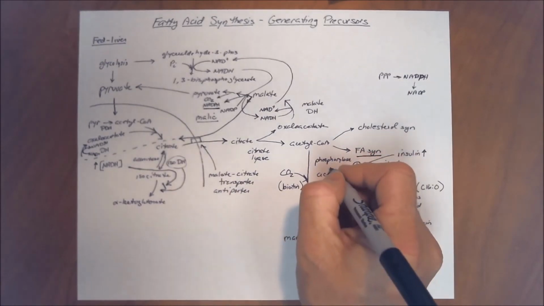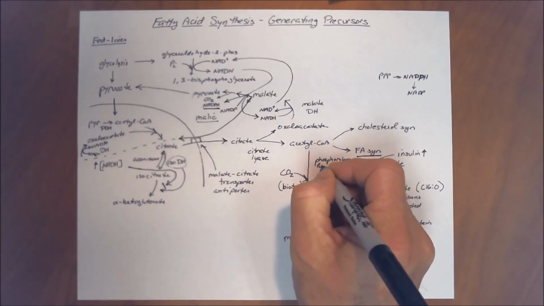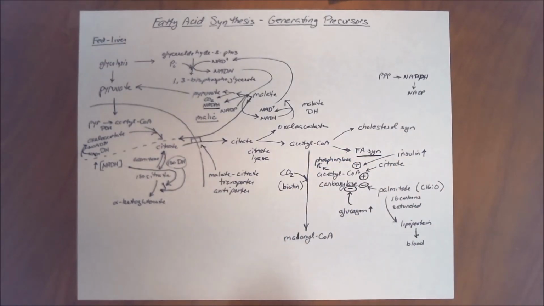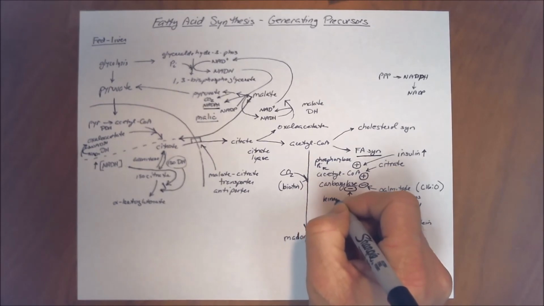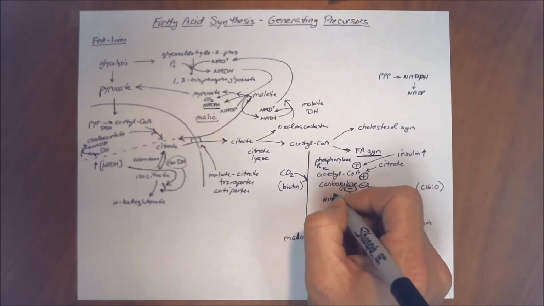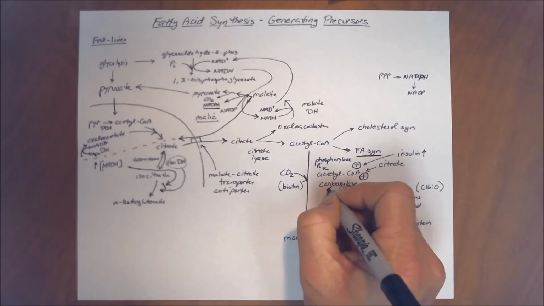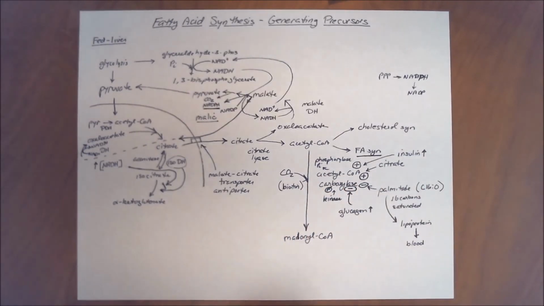This is designed to remove phosphate groups that have been placed on acetyl-CoA carboxylase. Where did those phosphates come from? Glucagon is able to activate a kinase. And activation of the kinase places a phosphate group on the carboxylase enzyme and inhibits it.